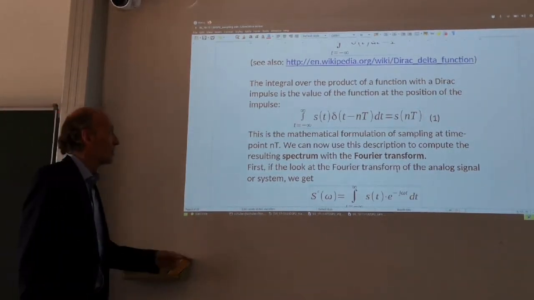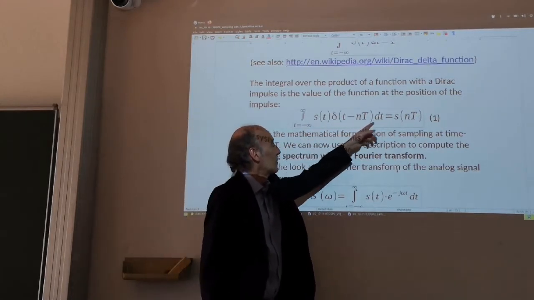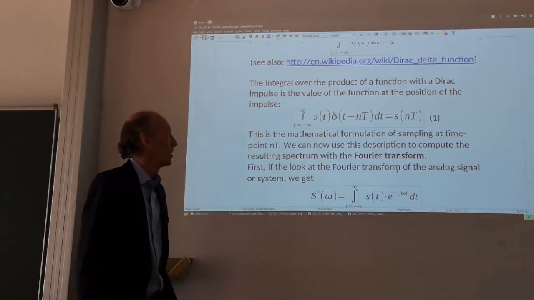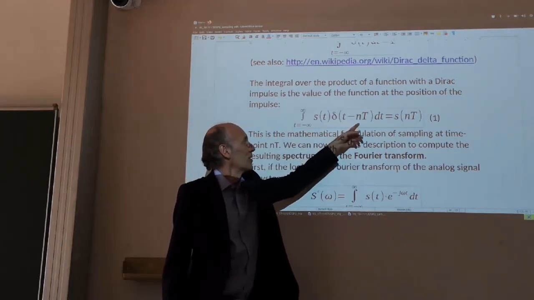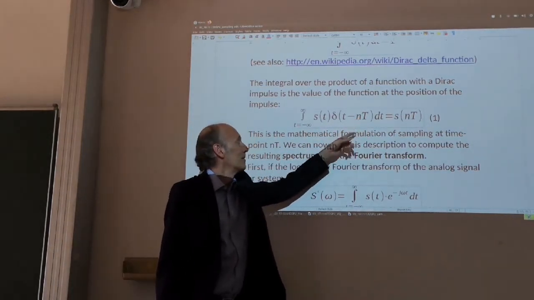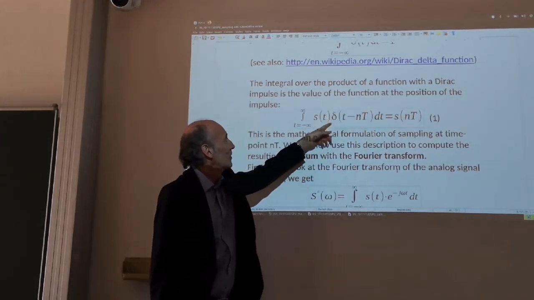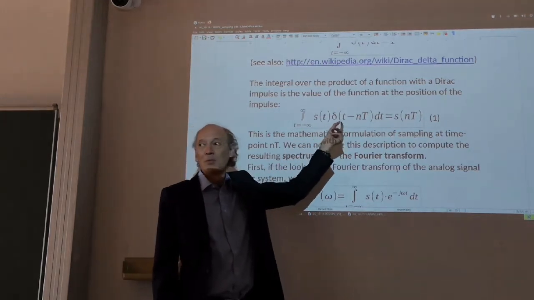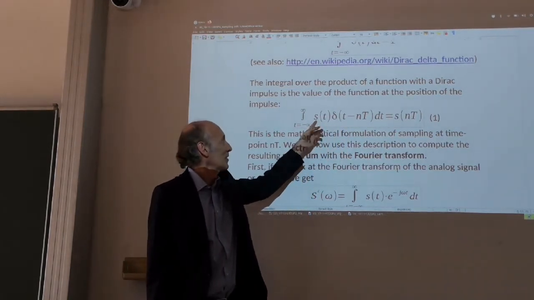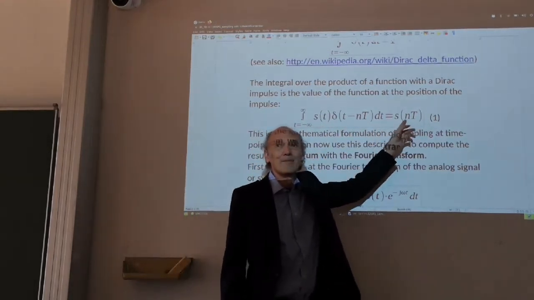So if we now take our analog signal s(t) and multiply it with this Dirac pulse, in this case just one shifted Dirac pulse at position nT, then since the integral over this Dirac is 1, and the width is infinitely small, all what's left of this integral is the value of s at position nT.